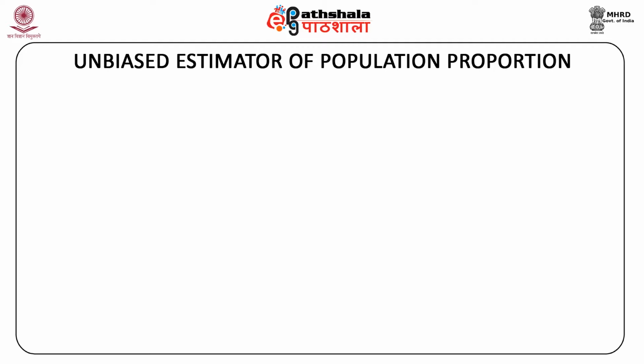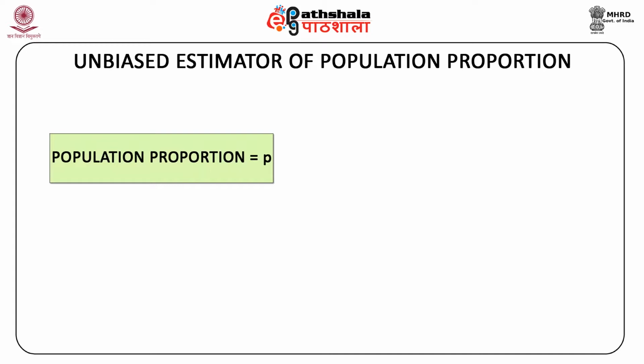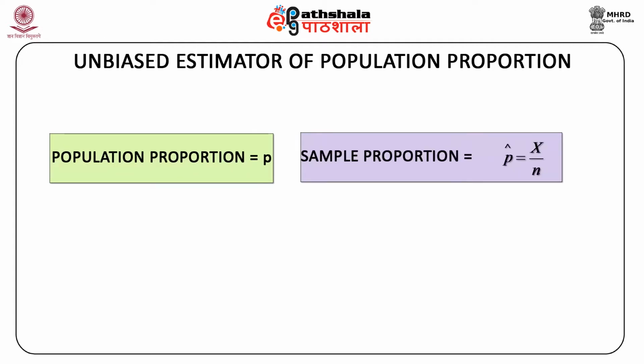The main consideration is the population proportion of successes. Let us denote population proportion by P and sample proportion by P hat, which is equal to x by small n, where x is the number of successes in a sample of size n.